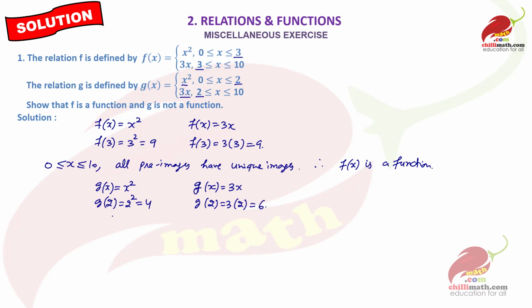So here we can see that with the pre-image 2 we have two images, that is g(2) is 4 also and g(2) is 6 also.